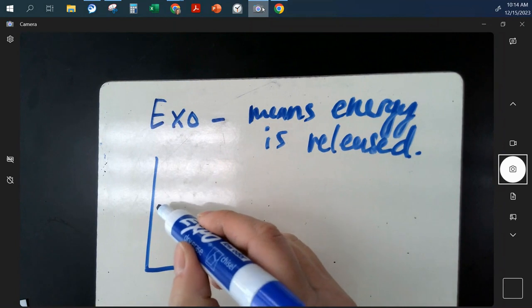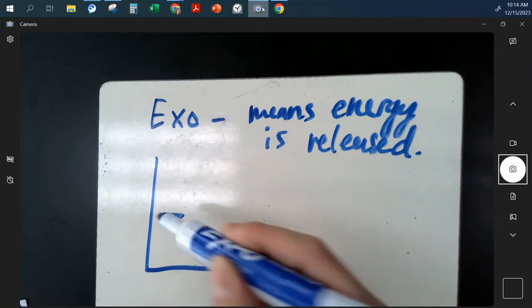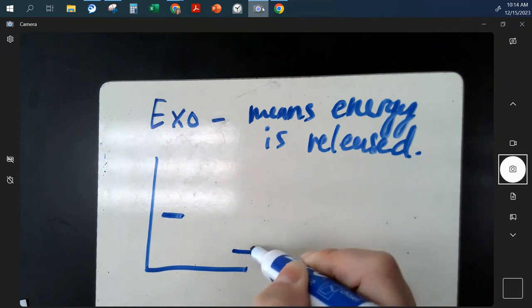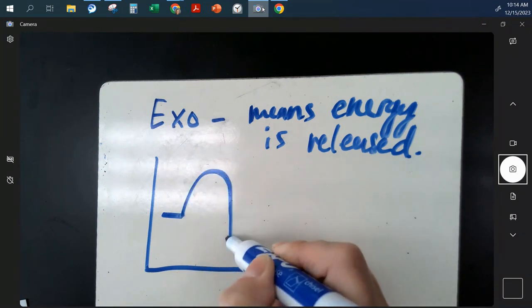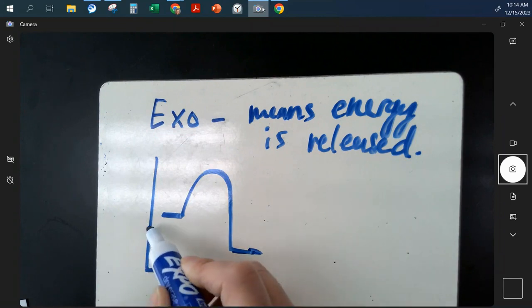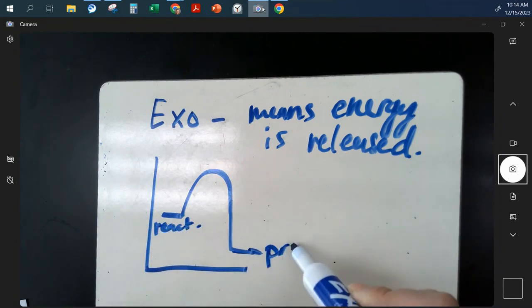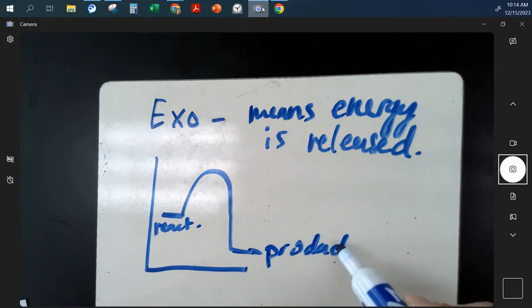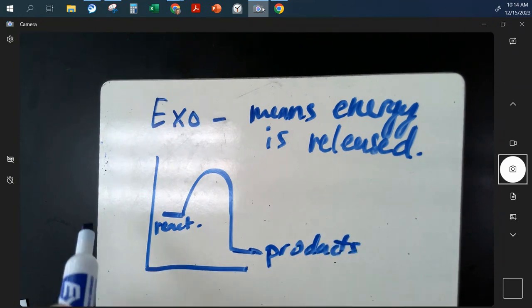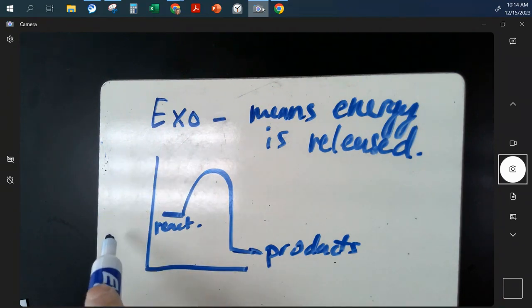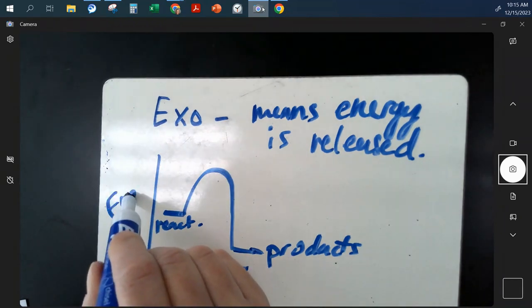If my reactants are here, where should the products be? Lower, good. So exo would be something like this. This is our reactants, and this is our products. What is the axis labeled over here? Energy, good.